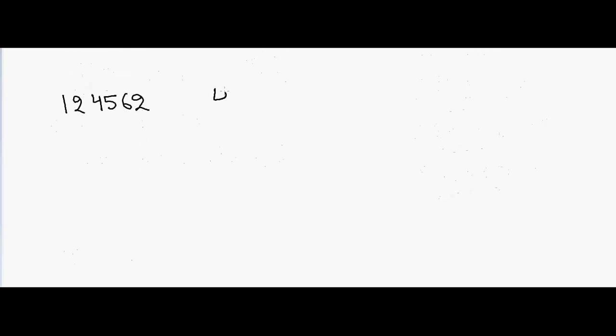In that case I have to look at the last two digits and check whether they are evenly divisible by 4. So 62, if we try to divide 62 by 4, I'll get 15 and then I have 2 left. So that is not evenly divisible by 4, and this number cannot be evenly divided by 4.